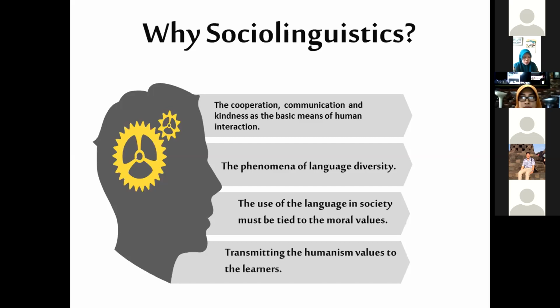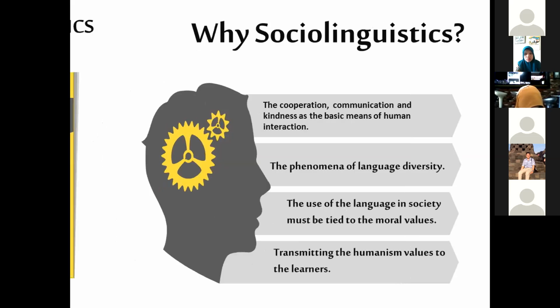And the last reason, learning sociolinguistics is not just to learn about how language is used in the community, but also to transmit humanism values to the learners. These become the reasons why we can integrate universal moral values in sociolinguistics learning materials.